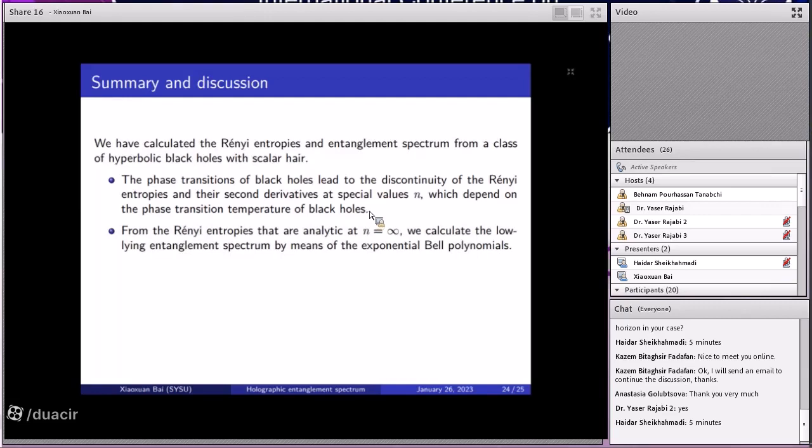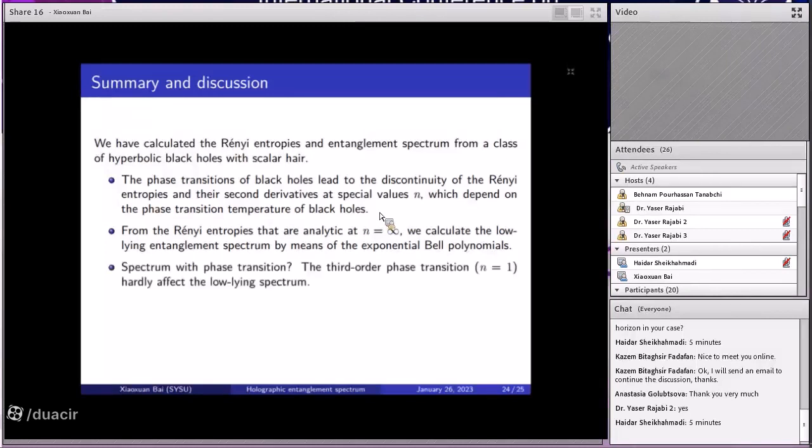Then, from the Rényi entropies that are analytic at infinity, we calculate the low-lying entanglement spectrum by means of the exponential polynomials. But for the spectrum with phase transitions, what we can see is the third order phase transition will hardly affect the low-lying spectrum, but a more precise analysis to show how the phase transition affects the spectrum is still required.